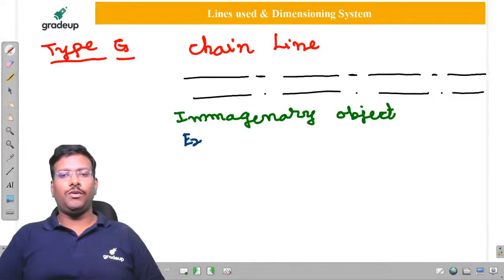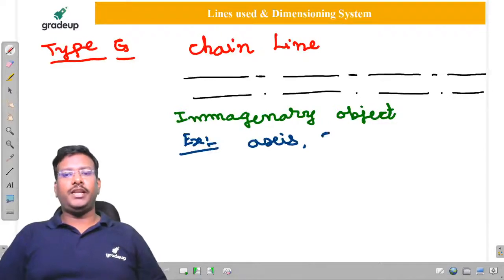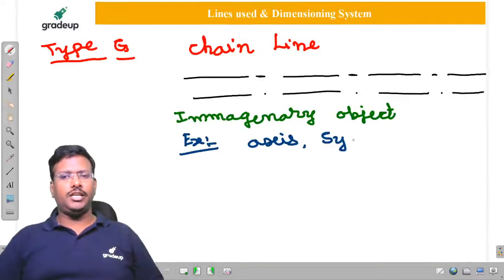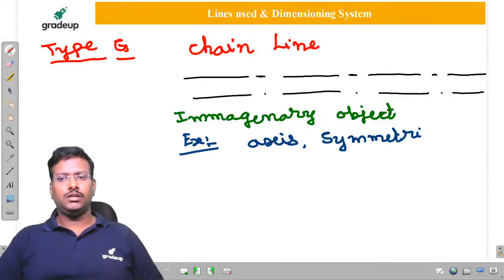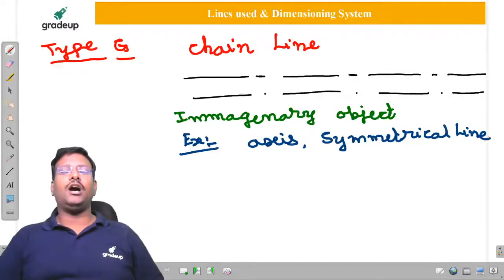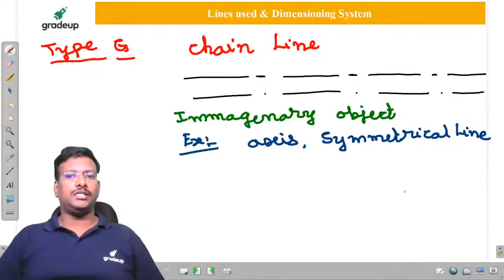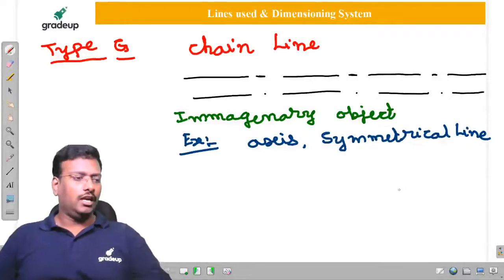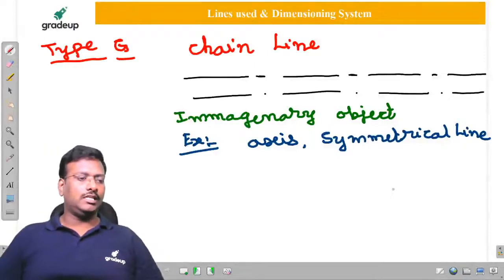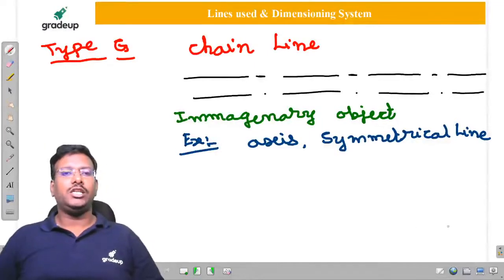Axis or symmetrical line. Axis is nothing but a symmetrical line also. Symmetrical lines or axis lines are going to be represented with the chain line. Is it clear to all of you, my dear friends?